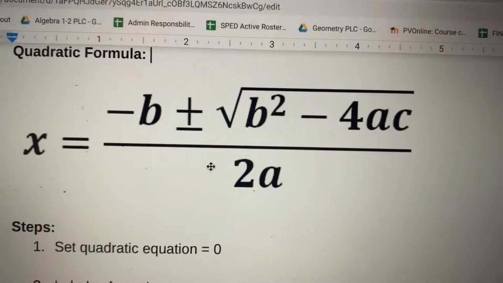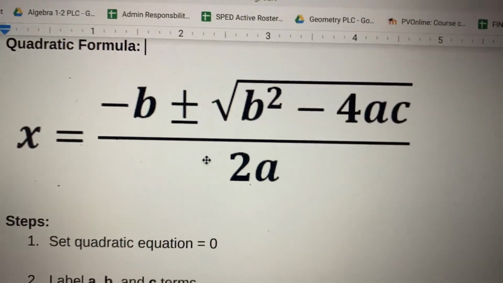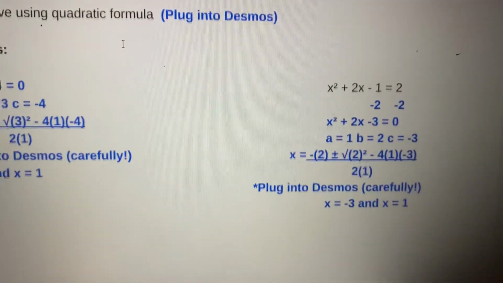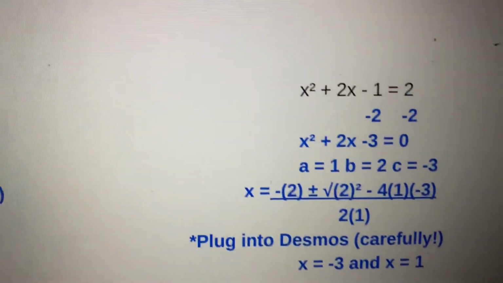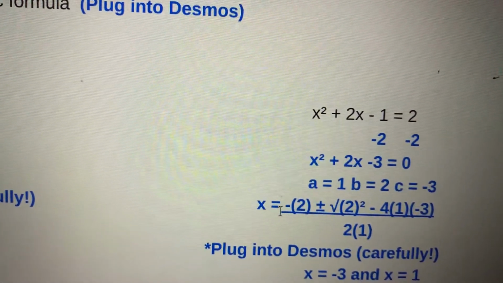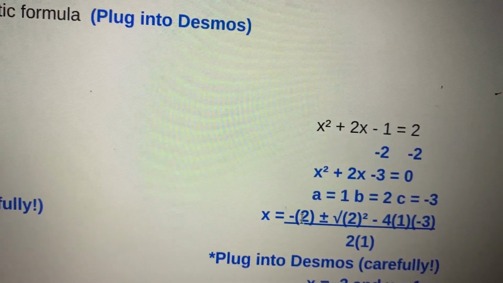So we're going to plug in our a, b, and c into this quadratic formula, negative b plus or minus the square root of b squared minus 4ac all over 2a. Okay, so we have x equals, it's supposed to be negative b, so we put a negative sign. Our b is 2, so we're going to put the 2 in parentheses.